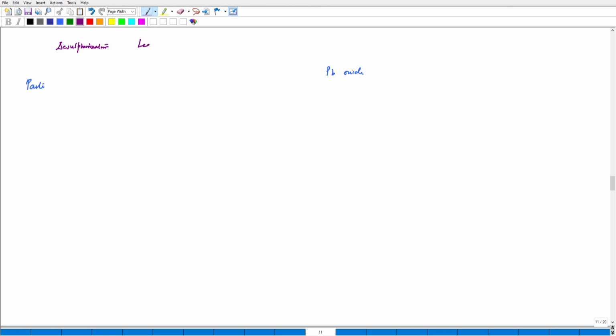We have leaching, followed by carbonation. Then we have calcination. The other way could be desulfurization, then leaching, then alkali reduction.